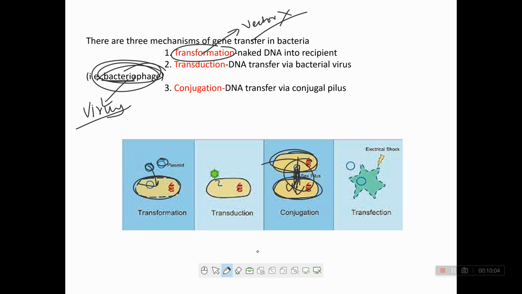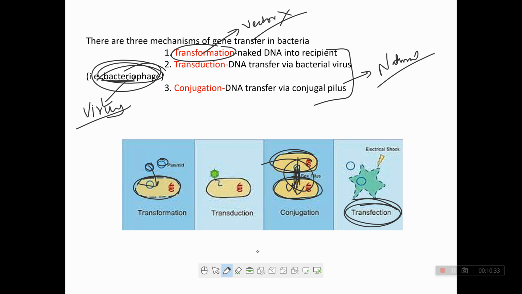And another mechanism is transfection. Actually, in transfection, we introduce some genetic material artificially. Transformation, transduction, conjugation, these are natural processes.